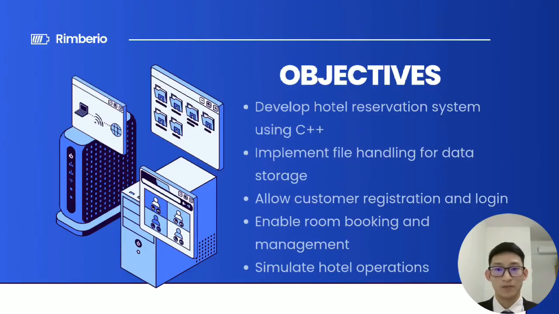The fourth objective is to manage customer and booking information using structured text files. Finally, the fifth objective is to simulate basic hotel operations such as reservation booking, check-in, and check-out. These objectives guide the development of our system and help ensure that all essential functionalities were included.